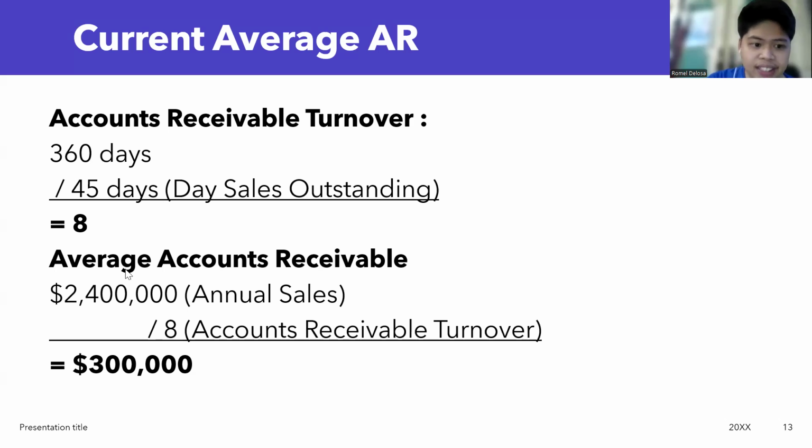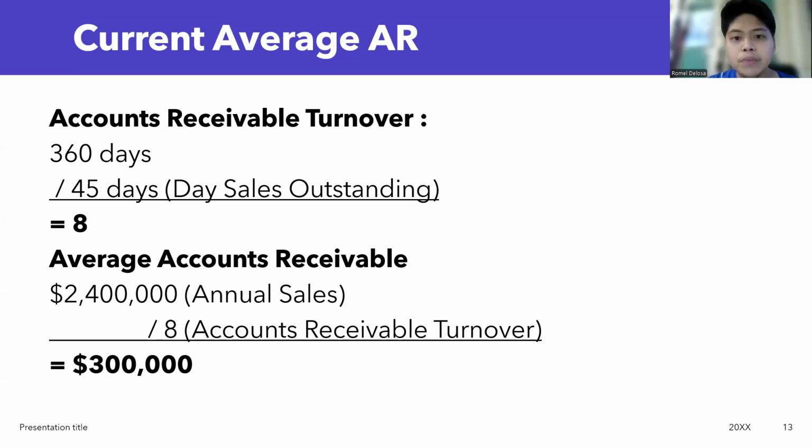So, to compute for average AR, we will divide $2,400,000 by 8. 8 is the accounts receivable turnover. So it means our average accounts receivable at the moment is $300,000. Okay? So that is our current average AR.